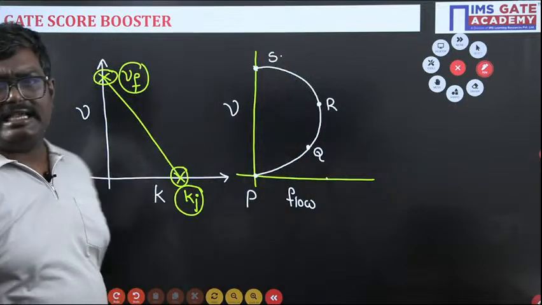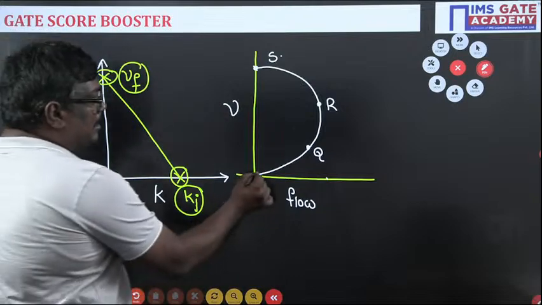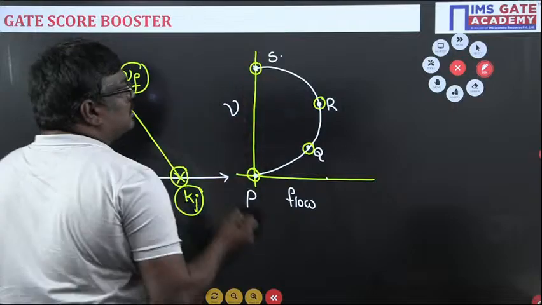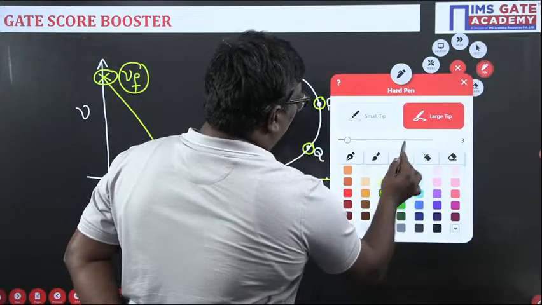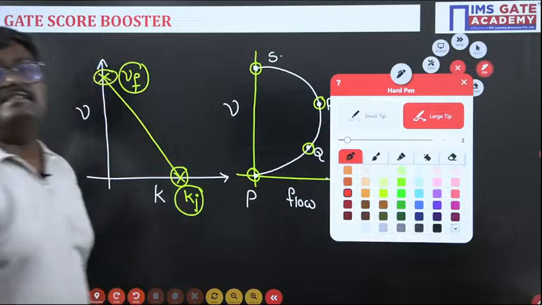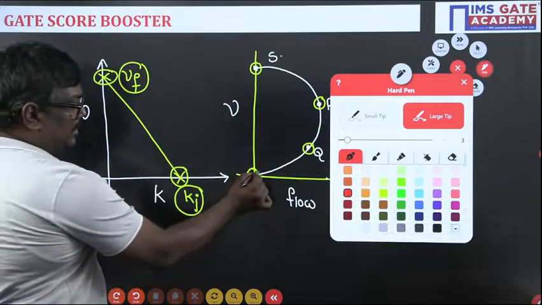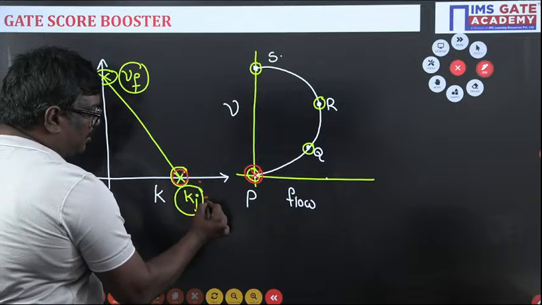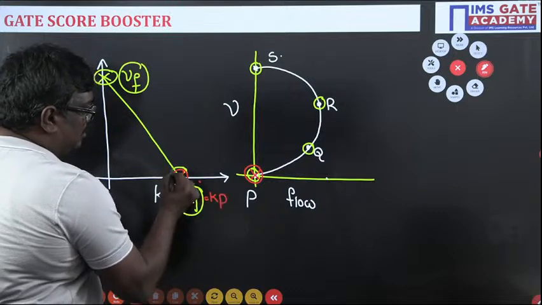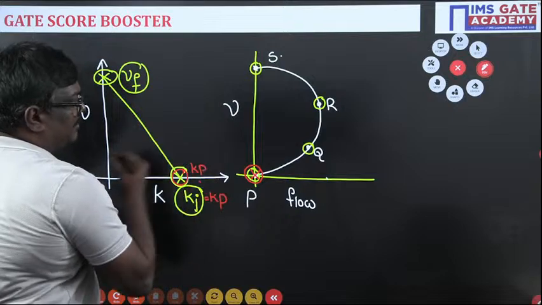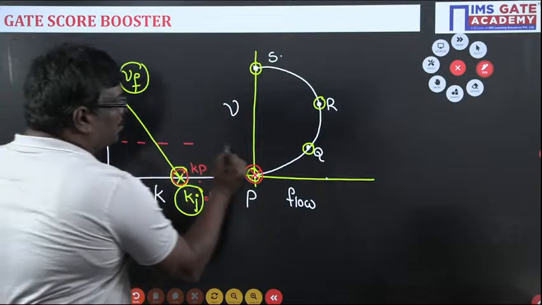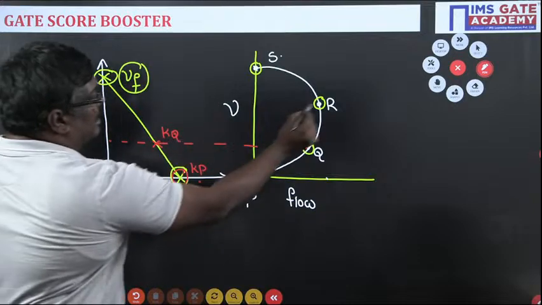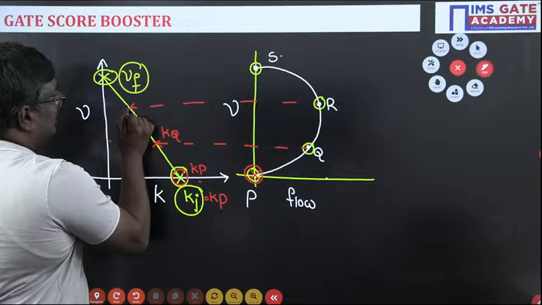Now he is asking at these points P, Q, R and S, what will be the traffic densities. Now see students, at P, this is the traffic density Kp. And at Q, this will be Kq. And at R, this is Kr.